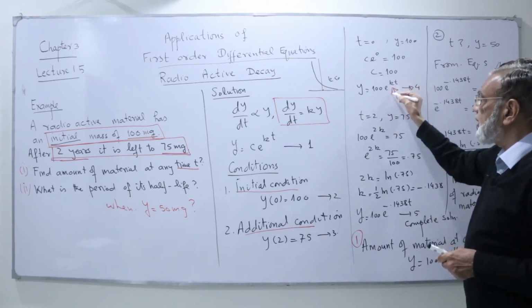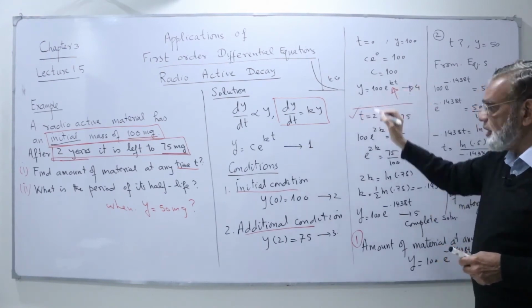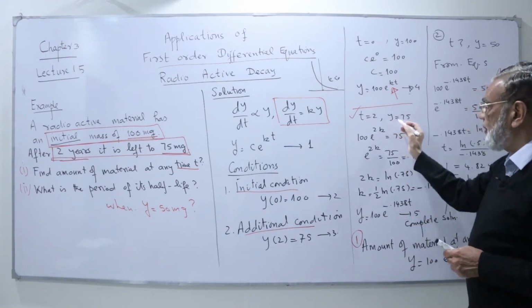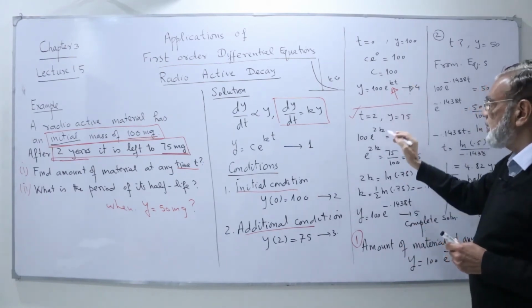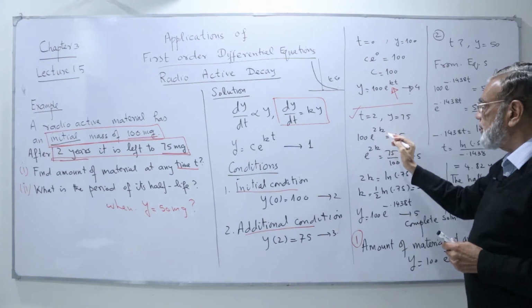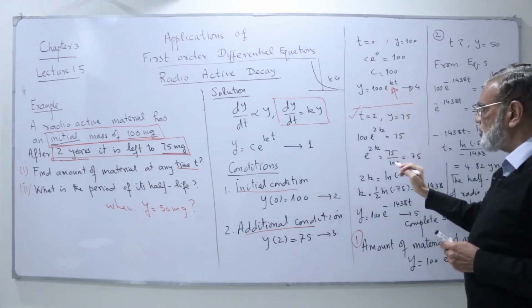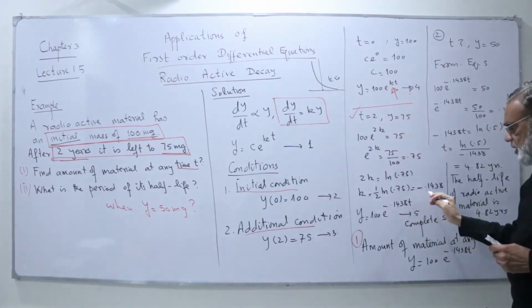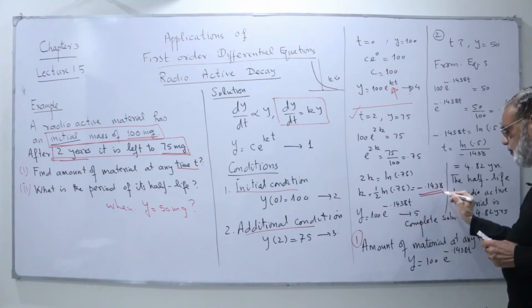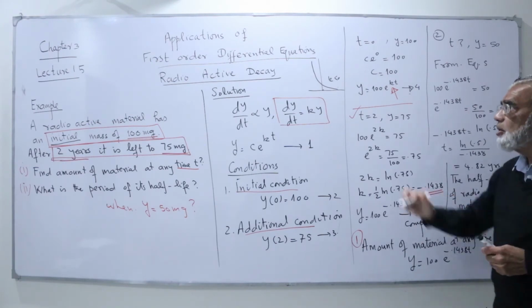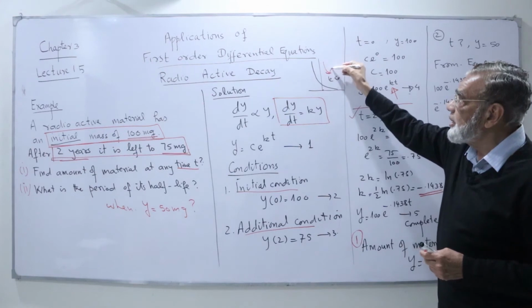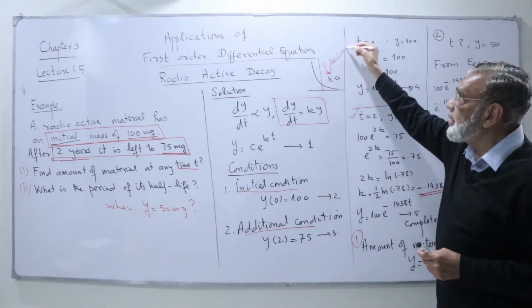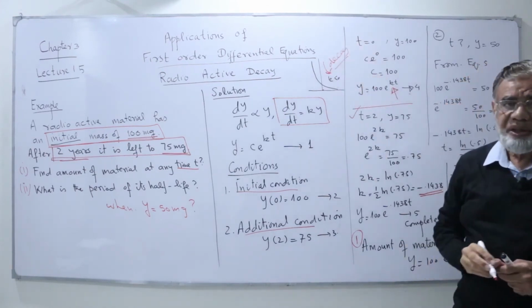To find this k, I use my additional condition that t equal to 2, y equal to 75. Substituting here, when t equal to 2, we get 100 e to the power 2k equal to 75. Solving it, we get the value of k equal to minus 0.1438. It's negative. I told you that when it's decay, k is negative, and when it's growth, k is positive.